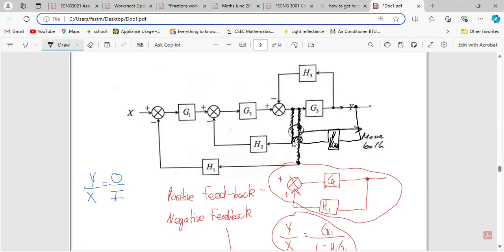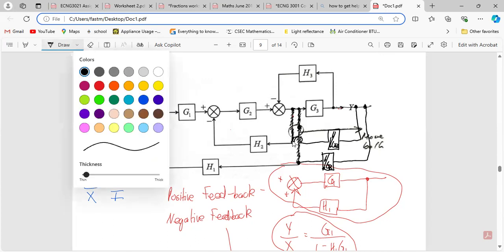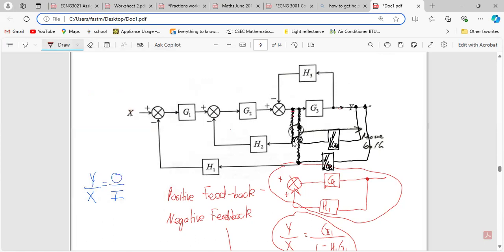And for this one here, same thing. You add a 1 and G3 and put it in. So now all this is clear. It's gone now.